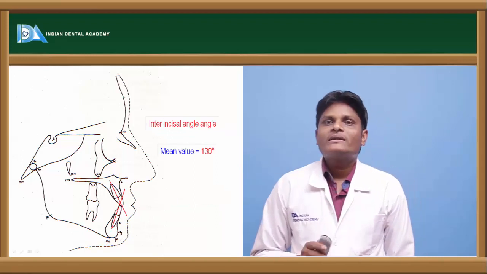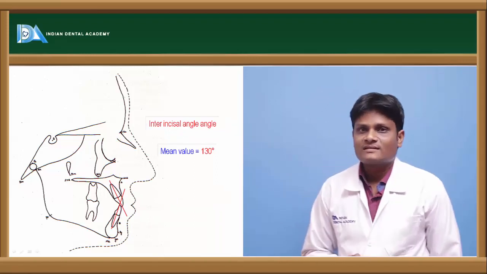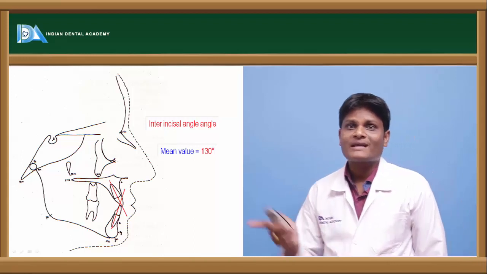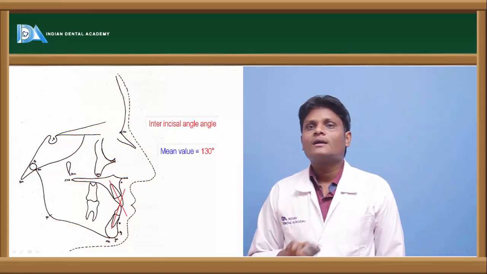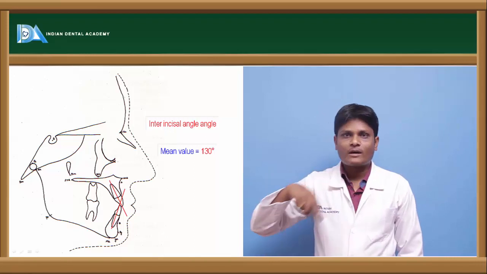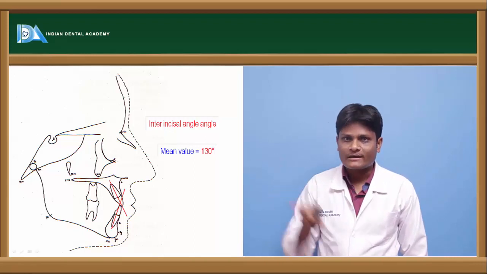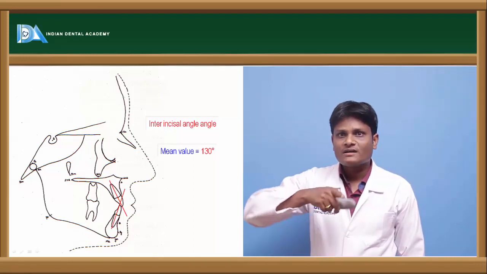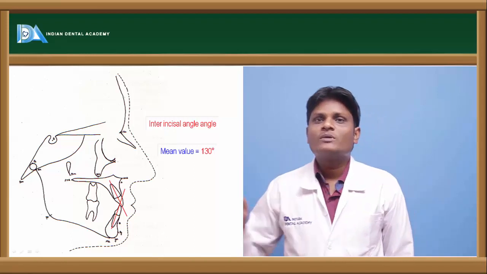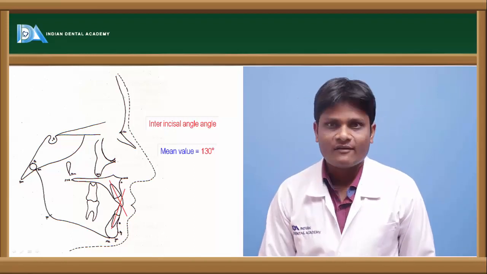Now, one more dental parameter according to Steiner's analysis is the interincisal angle, same as we see in Down's analysis. Here, we draw a line along the long axis of the upper incisor and one more line along the long axis of the lower incisor, and we see the inside angle. The angle should be 130 degrees on average.